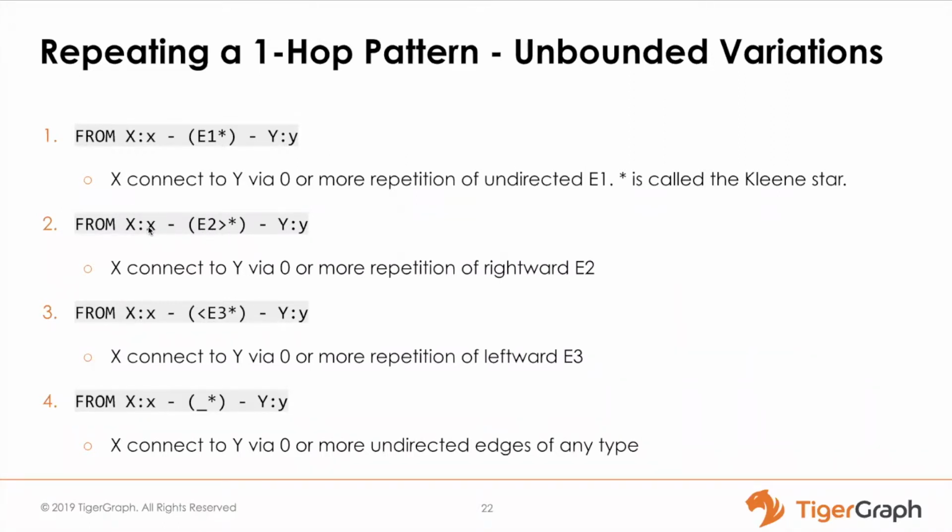X is the source and Y is the target, and repeat E2 multiple times. And this is leftward directed E3 edge type, and X is connected to Y, where the leftward E3 is repeated multiple times. And this is undirected edge 0 or more times, connecting X and Y.